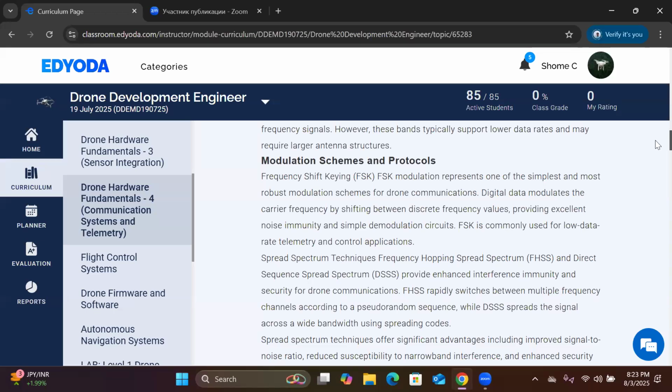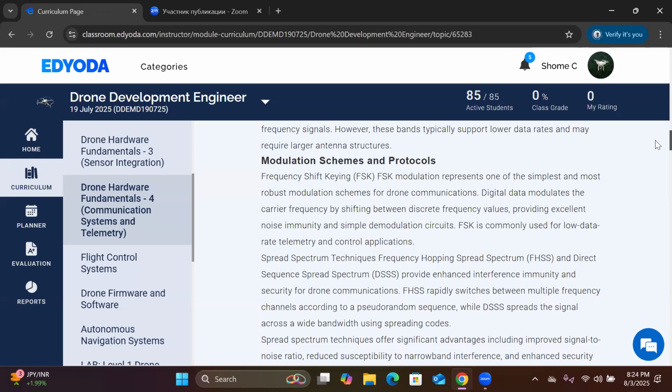Spread spectrum techniques, like I told you just now, frequency hopping spread spectrum and direct sequence spread spectrum, provide enhanced interference immunity and security for drone communication. FHSS rapidly switches between multiple frequency channels according to a pseudo-random sequence. So there are pseudo-random sequence generators which will do this kind of channel sequencing.